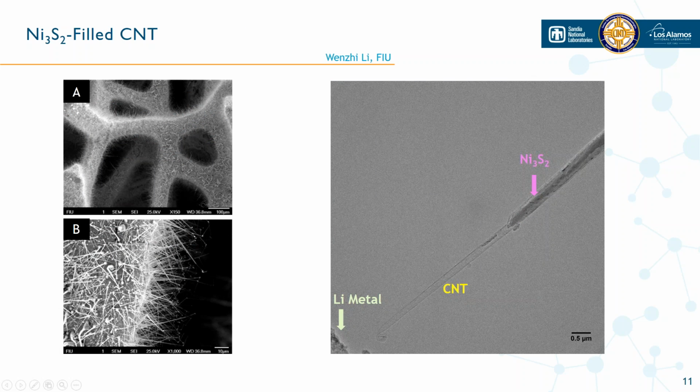What we're trying to do is track the structural changes occurring inside of these materials as they're being lithiated. This is a user at Florida International University, Dr. Wenzi Lee, who synthesizes these nickel sulfide filled carbon nanotubes, and different fillings inside the carbon nanotubes.